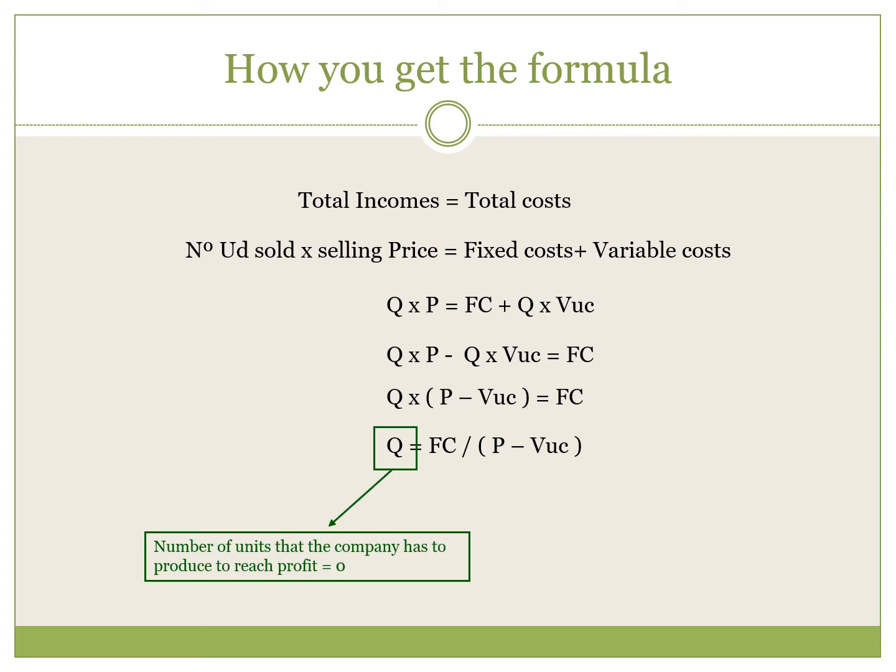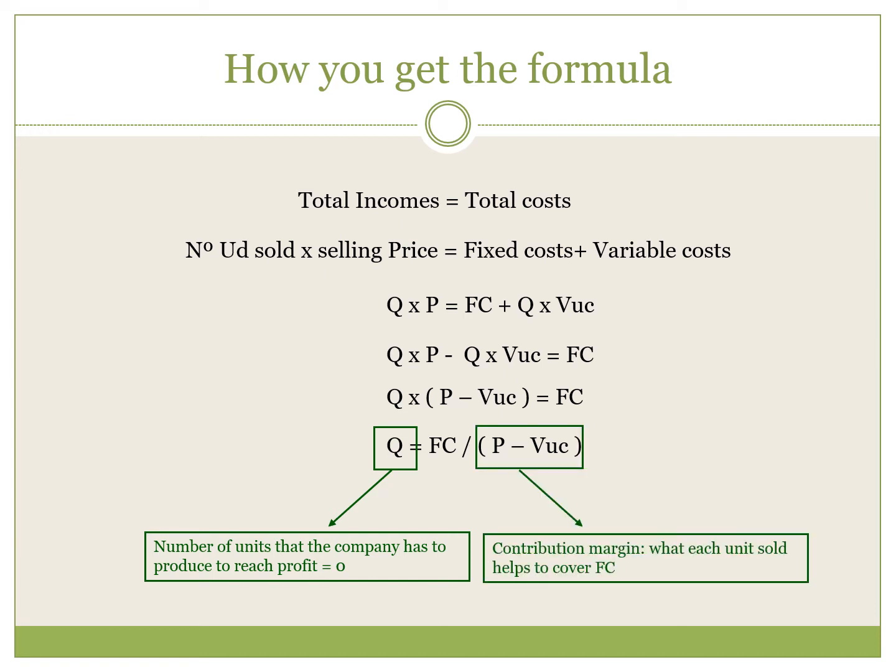So Q is going to be the number of units that the company has not only to produce, but also to sell to reach a profit zero. Produce and sell, okay? And on the other side, we're going to have the selling price minus the variable unitary cost. And this is what we're going to call the contribution margin.